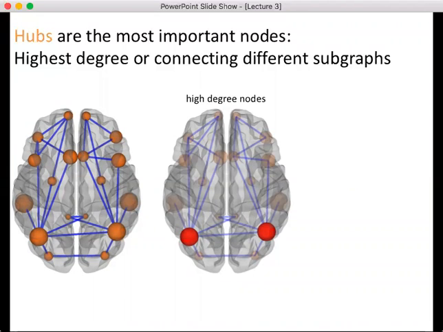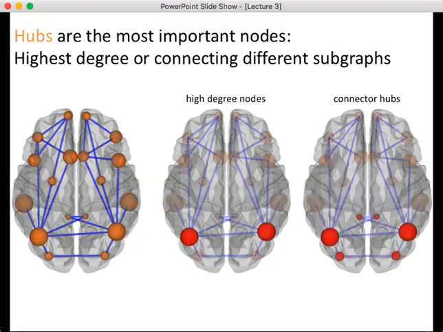So obviously high degree nodes are hubs, but another kind of hub can also be nodes that have a low degree but are very important for the network. So here you see that these nodes can also be considered hubs. Why? Because these nodes link the left and the right part of the brain in this graph connectivity map.